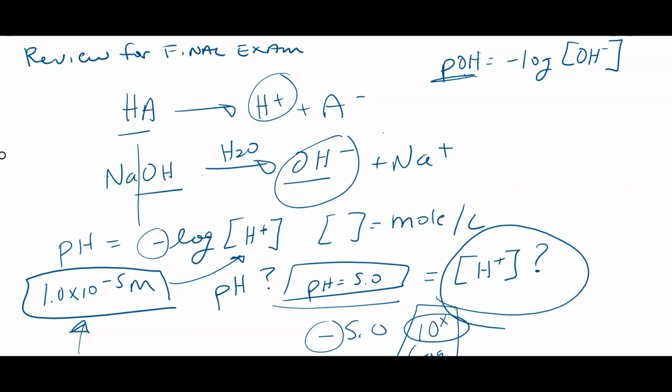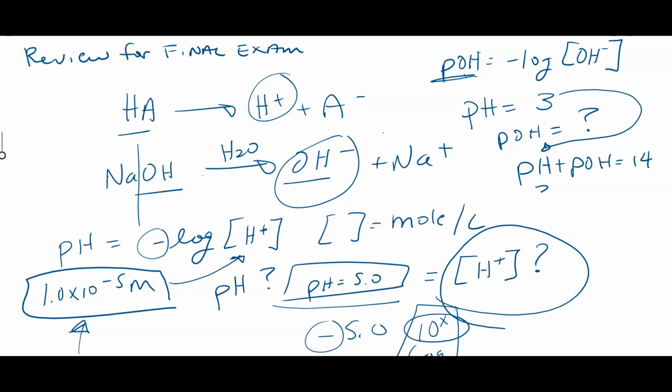If you were given pH, say of 3, and they're asking for pOH, this is the question. Remember, pH plus pOH equals 14. So if you know the pH is 3, and you don't know the pOH, you can put it into this formula.